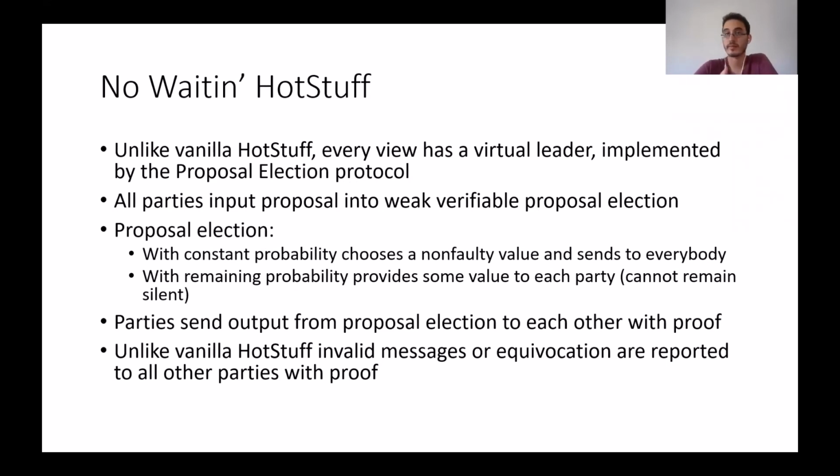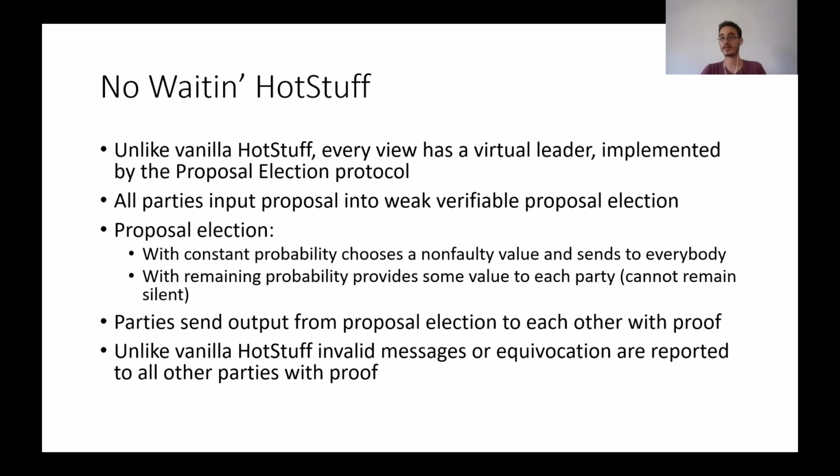So now we're ready to talk about the no-waiting HotStuff protocol, or consensus protocol. This is a view-based protocol. And unlike vanilla HotStuff, in each view, we have a virtual leader, which is implemented using the proposal election protocol. In the beginning of each view, parties input proposals into the weak verifiable proposal election. And in this case, their proposal is supposed to be the value that they would have sent to everybody else as non-faulty leaders in the HotStuff protocol.